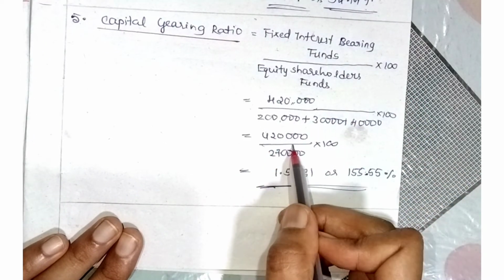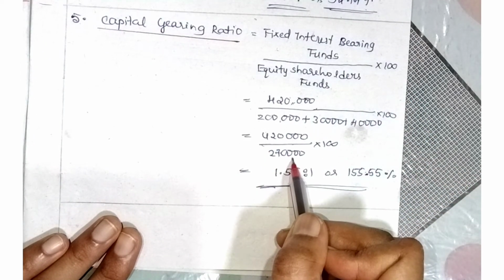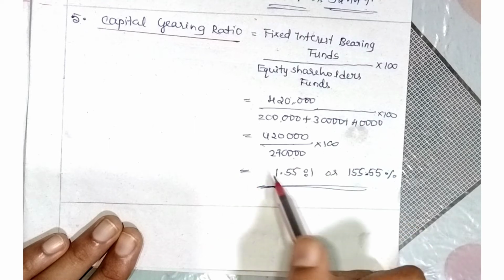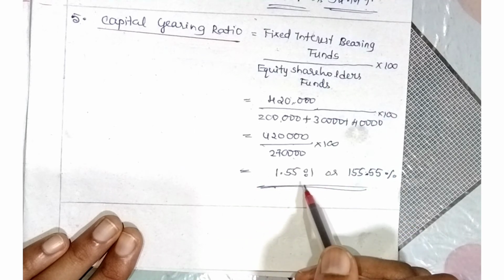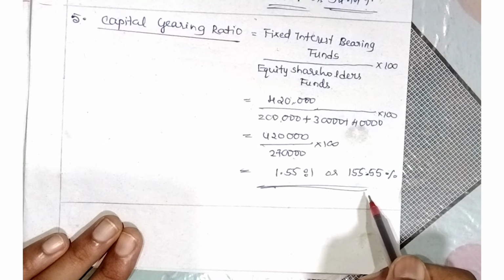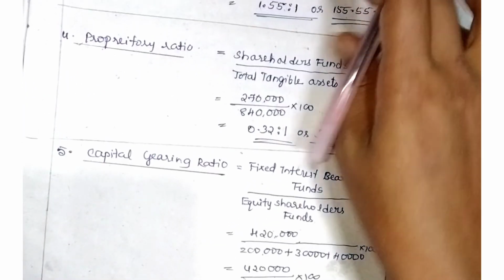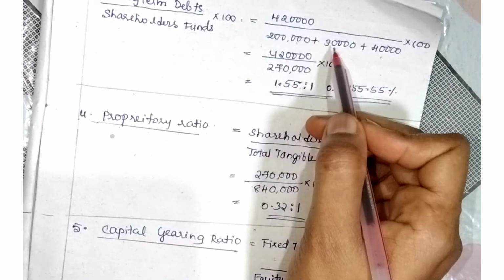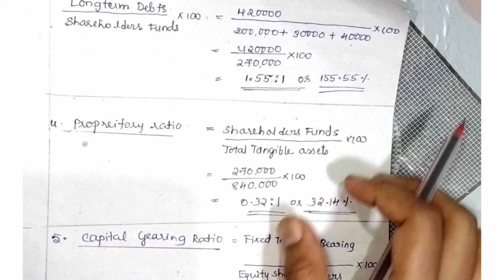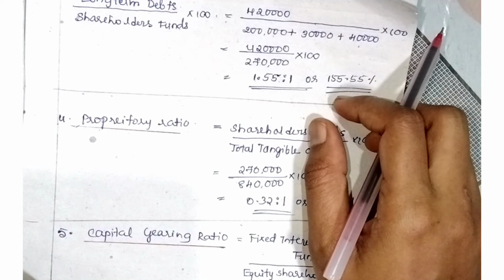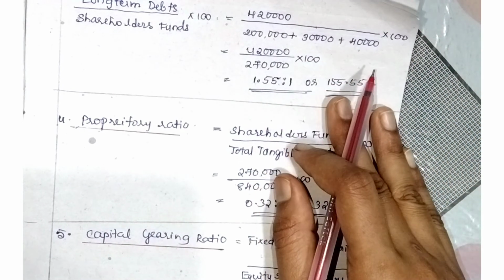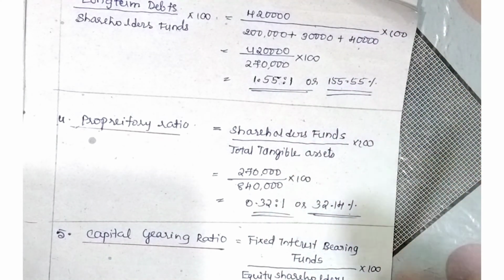Now you will get 4,20,000 divided by 2,70,000 into 100, and you will get 1.55:1 or 155.55 percentage. This is very similar to the previous problem. The extra thing is this 30,000, that is profit and loss account, that should be included in the shareholders fund, except that everything is same as the previous problem. Thank you for watching.